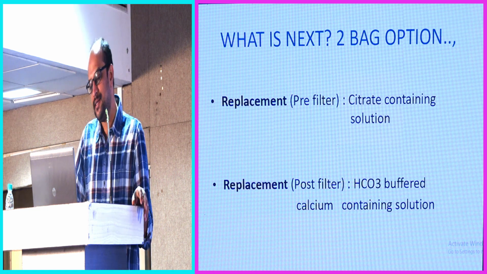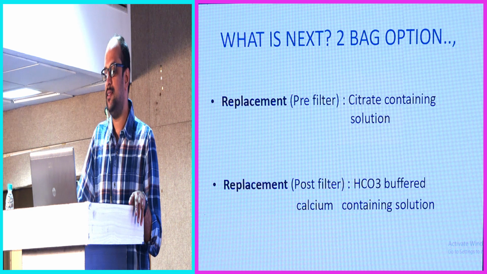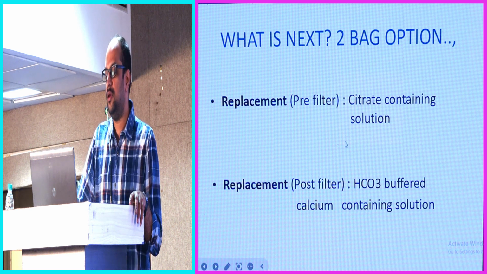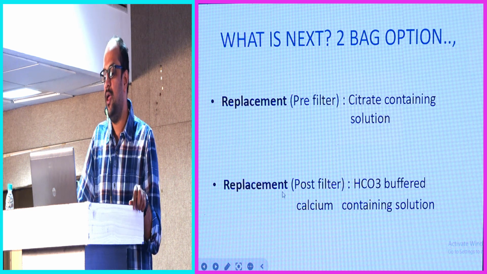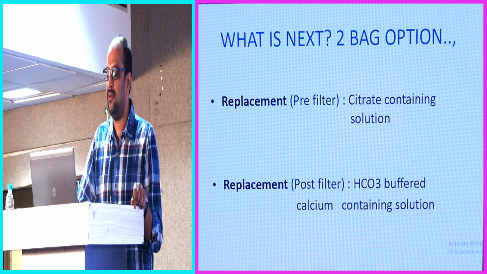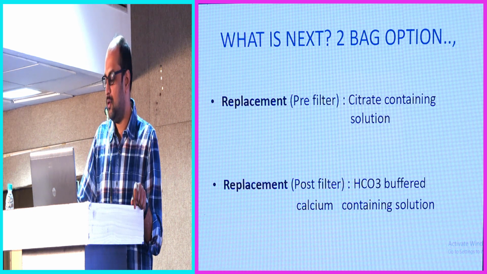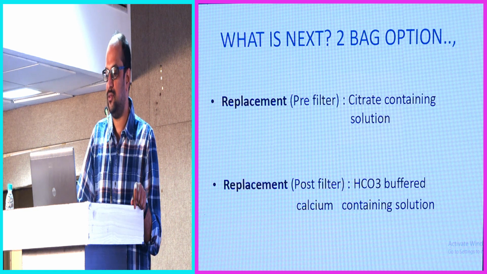I'm a little hesitant to share this, but we will definitely reach a stage with only 2 bags. The first bag containing a citrate solution like what we are using now, and a replacement fluid which contains calcium, so that this replacement fluid will be directly delivered to the patient, and there will be no need to monitor the levels frequently.